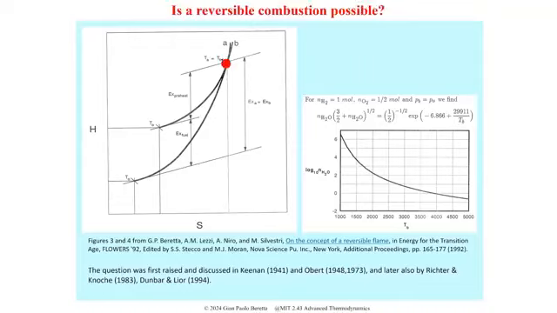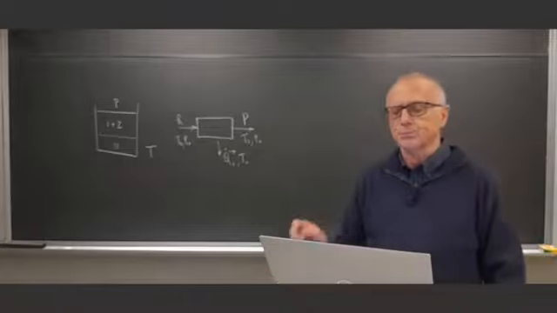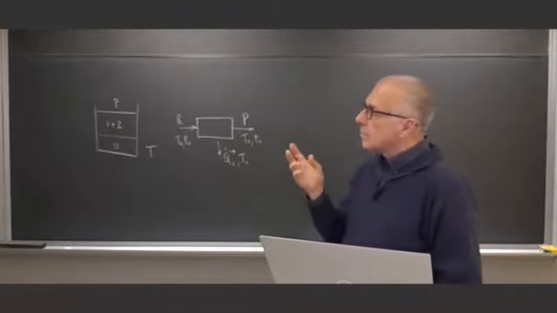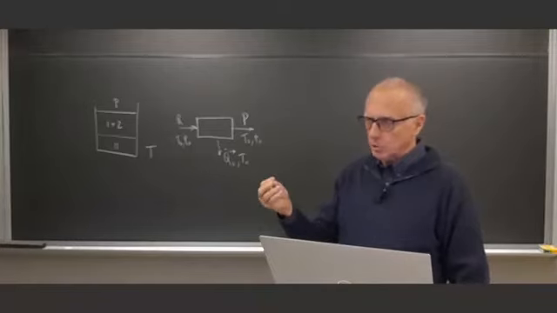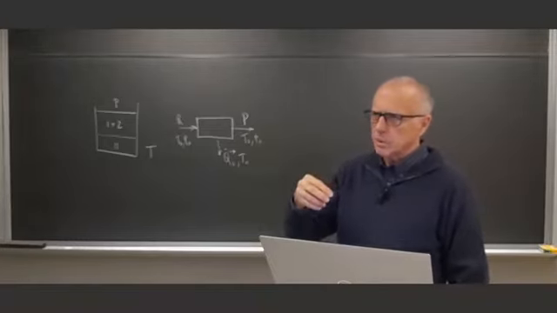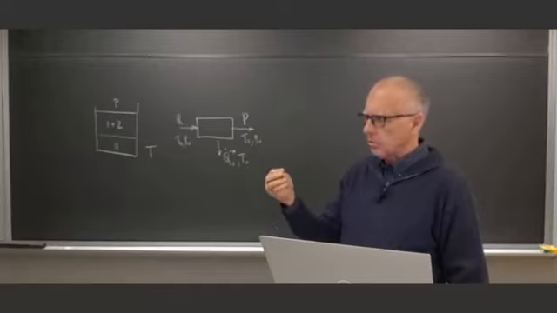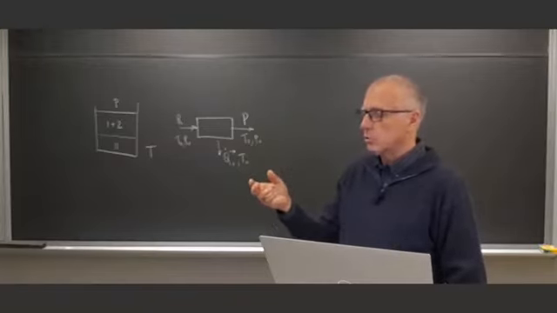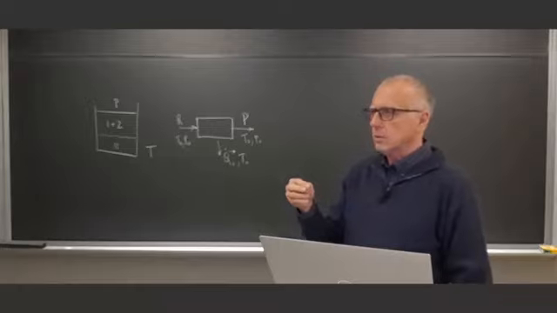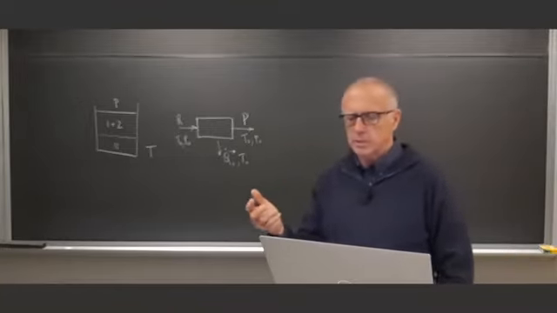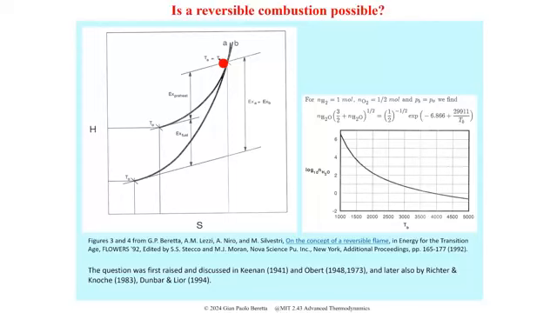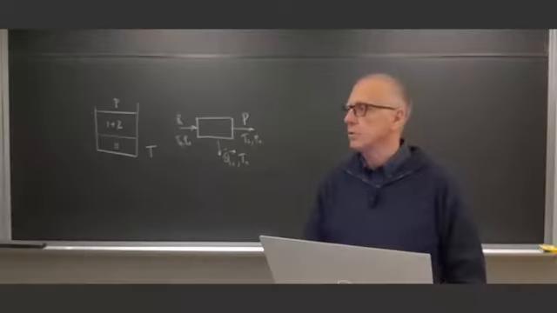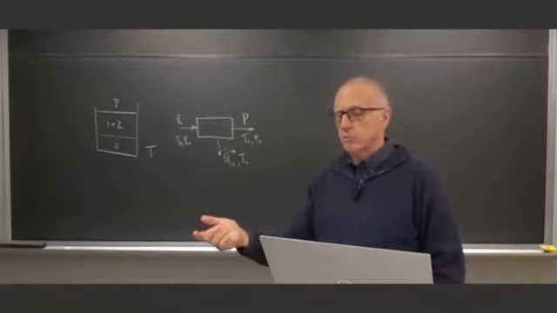And they do at a certain temperature, provided you mix some of the products with your reactants. In fact, this is also done in internal combustion engines, it's called exhaust gas recirculation. So you take some of the gases and mix them with the reactant mixture. That makes these curves get closer to one another and therefore reduces the irreversibility and increases the efficiency.